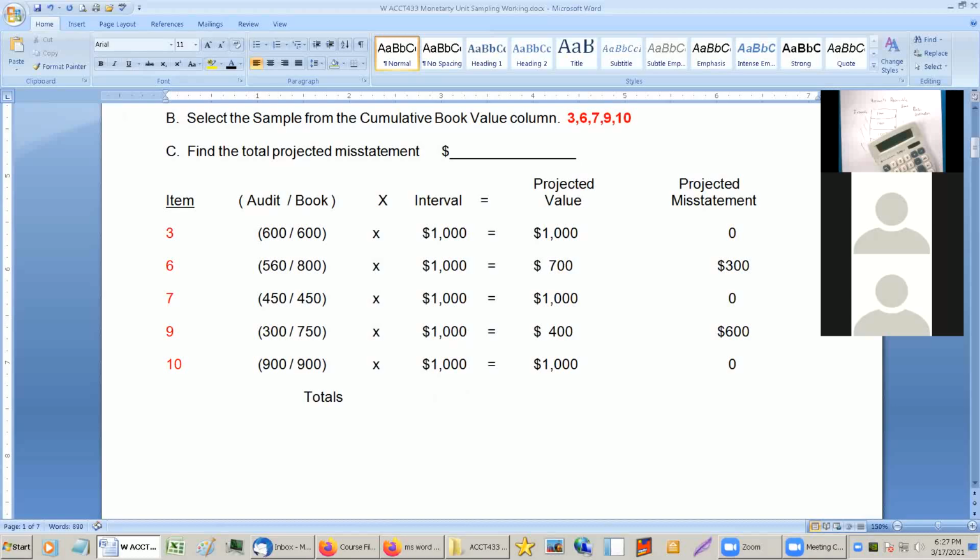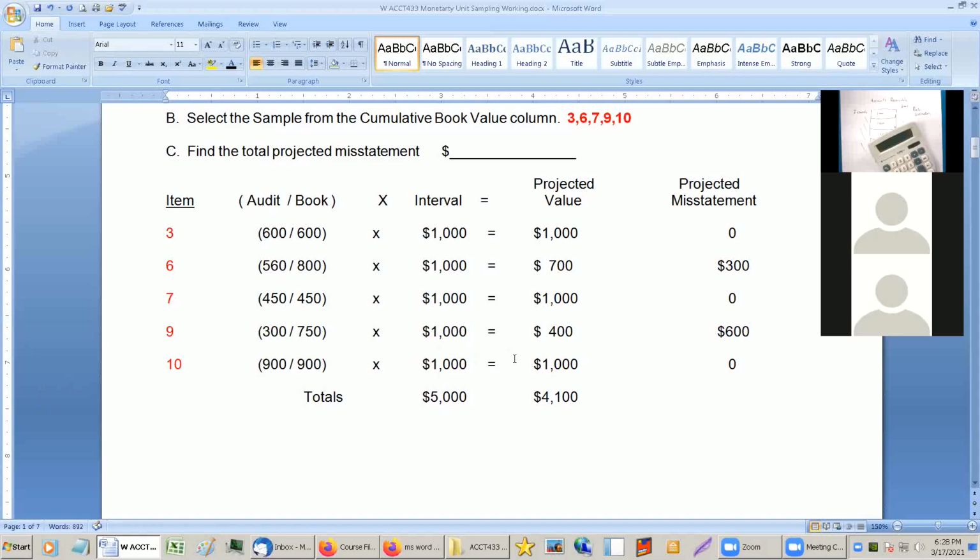Okay, so the totals. The book value total is 5,000. All the intervals together should equal that. If you add all those up, it comes up to, I think it's 4,100.